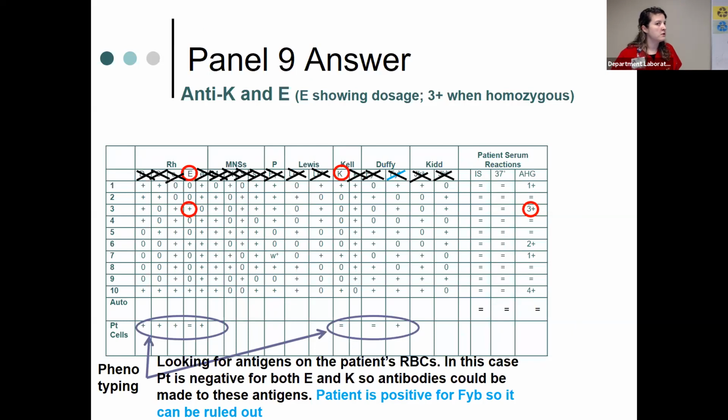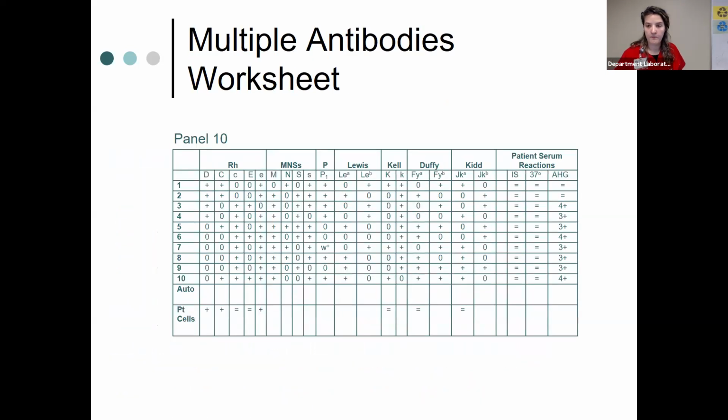All right, any questions so far? Okay, all right, moving on, panel cell 10.